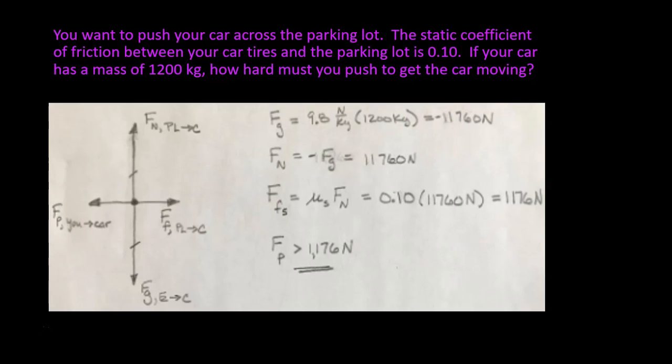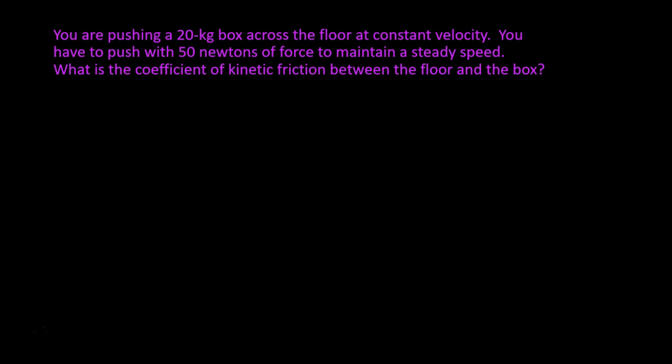So that's equal to the static coefficient of friction, which is 0.1 times the normal force, and that gives us a friction force of 1,176 newtons. To get the car moving, we've got to push harder than that friction force, so our force has to be something larger than 1,176 newtons.